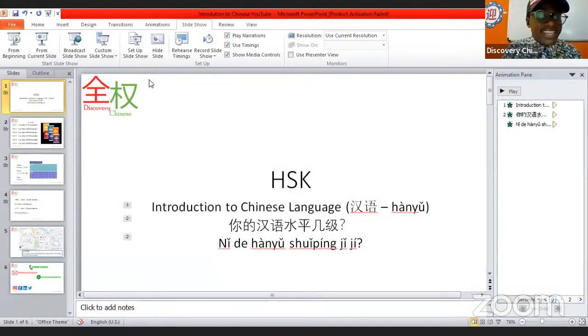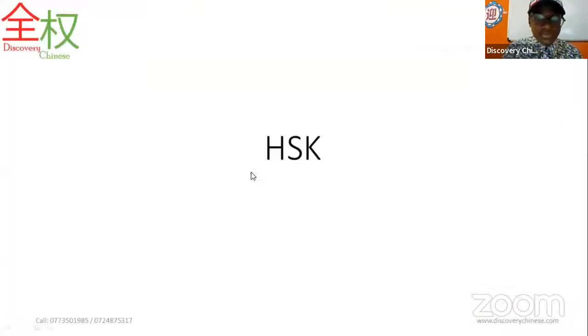Now, I hope you guys can see my screen. So maybe if you can see the topic that I'm sharing right now in my PDF, it's written HSK, HSK. Now, what is this word HSK? Now, this word HSK, the H comes from this word Han, yu.